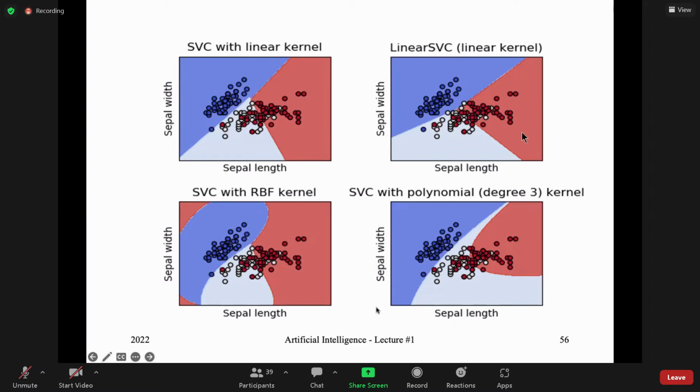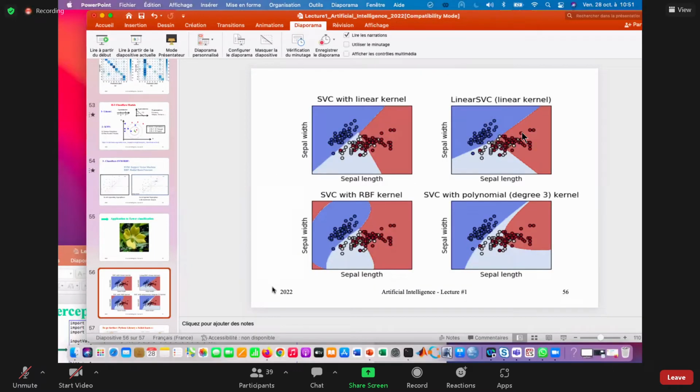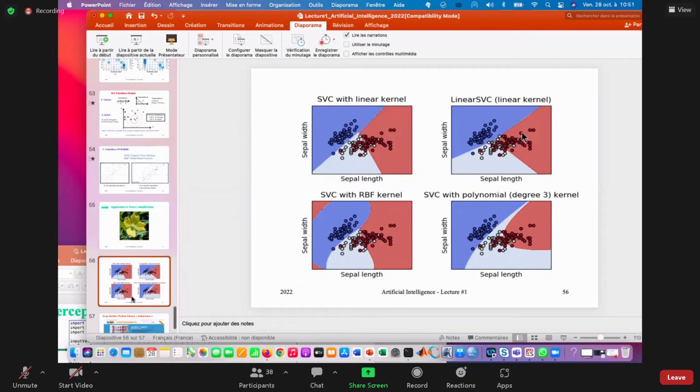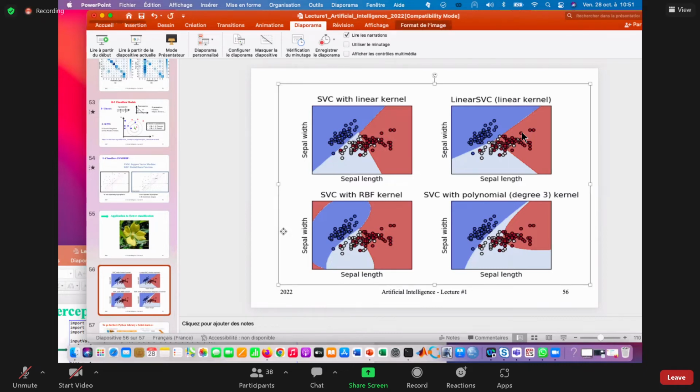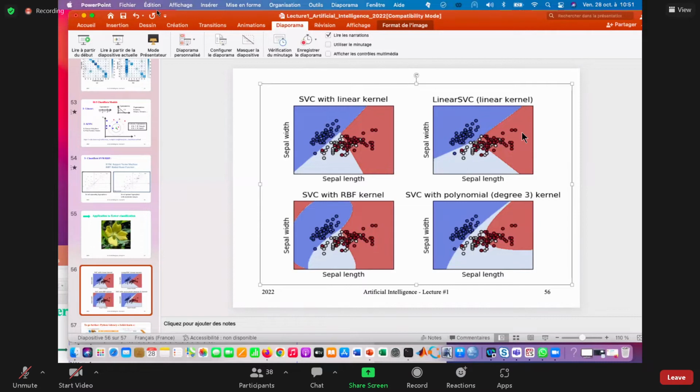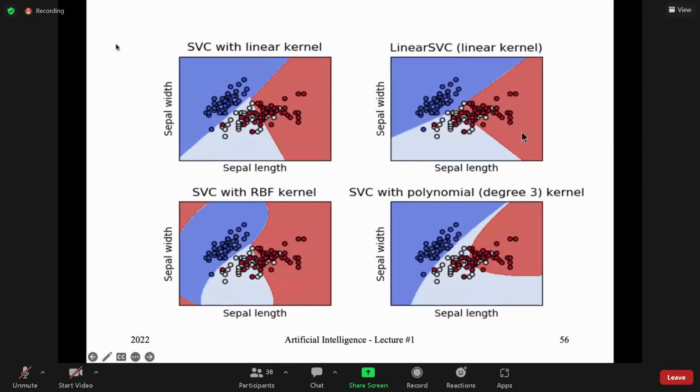Again, there is an example, and we have a specific library that I will show in my demonstration after. Here we have a Python program.